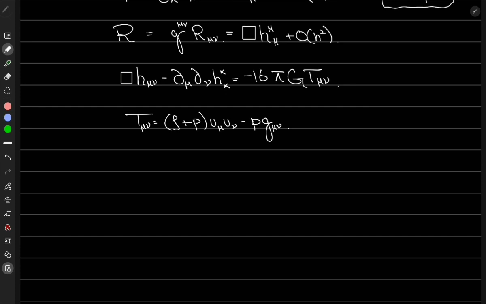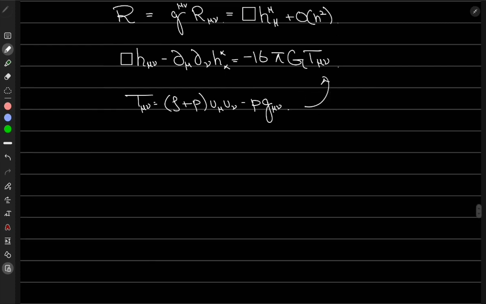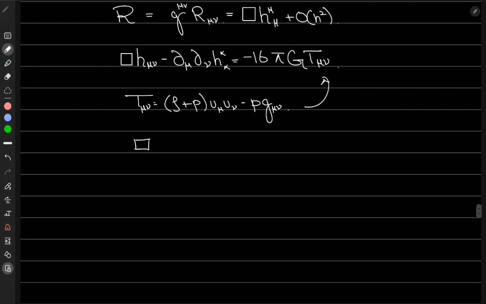Okay, now what I'm going to do is substitute this expression into the Einstein field equations, and I'm going to neglect the higher order terms of h squared, right? So let's take this and put it in the Einstein field equations. Once I do that and rearrange this thing, I get box h mu nu, which is this term, and then let's take all of the rest on the other side.